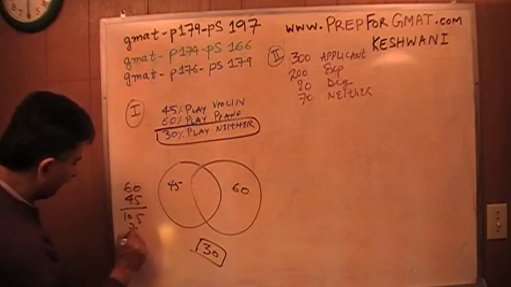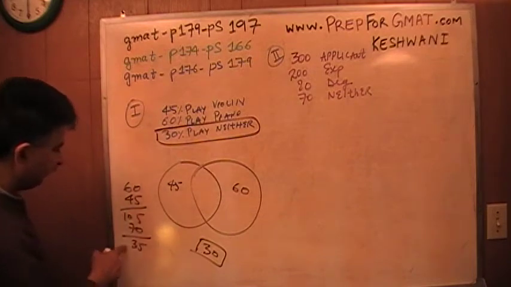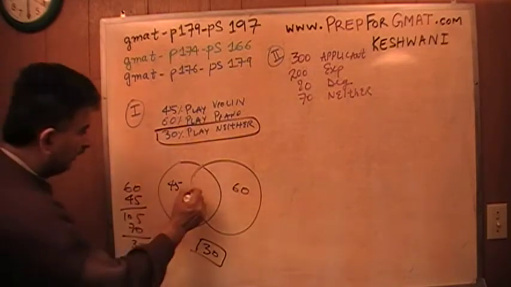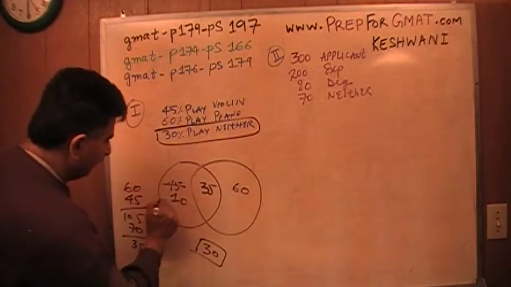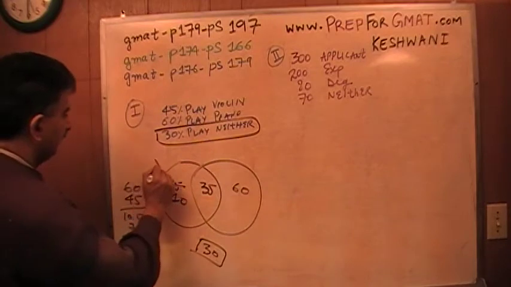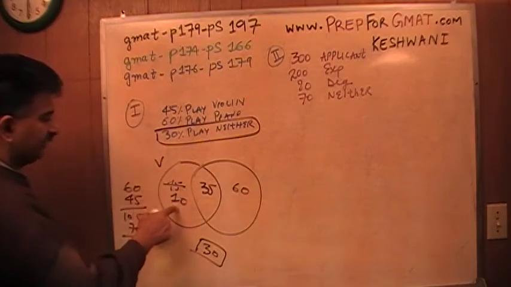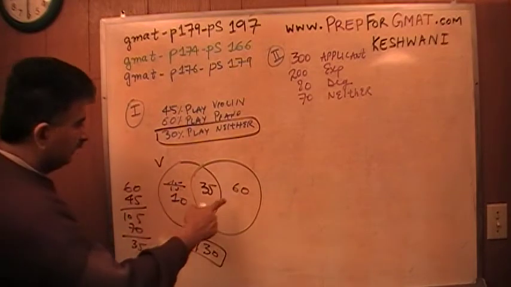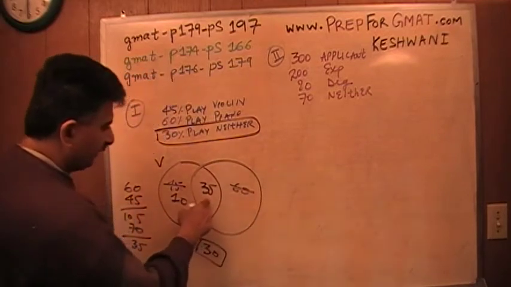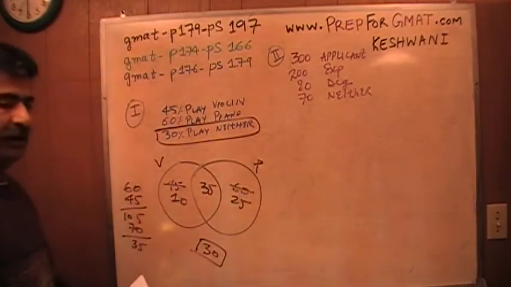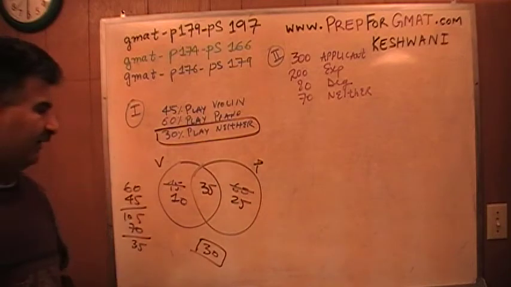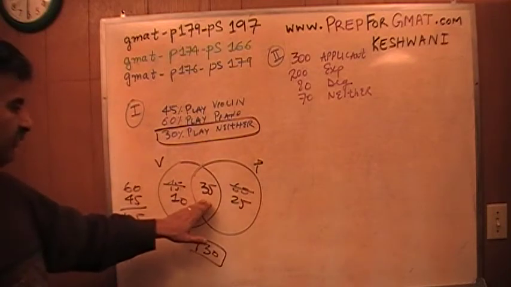You subtract 70 from it and you end up with 35. That tells me that these people are being double counted. They go here, 35. If 35 goes here, this 45 has to change to 10. That tells me that 10% of the people in the school play just the violin. This 60 has to subtract 35 from it, it becomes 25. That tells me 25% of the people play only piano. So the question could be phrased in any way you want. And 35% of people play both.